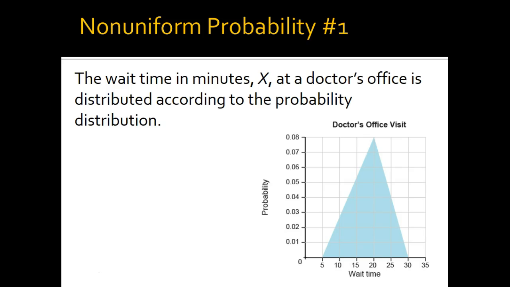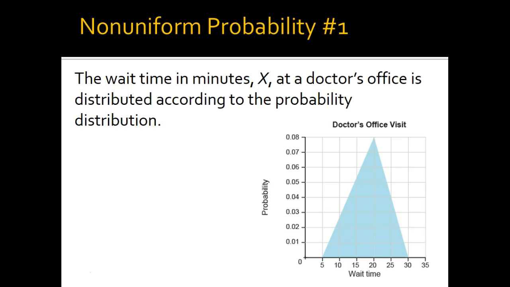Well, now we have a continuous variable that we're talking about. In this case, it's wait times at the doctor's office. You could wait for 5 minutes before you see the doctor, or you could wait for 10, but you could also wait for 11 or 12.5 minutes or 13.2 minutes.